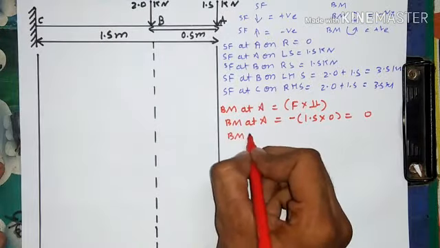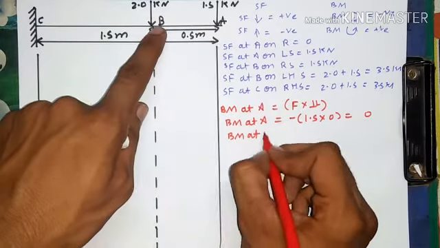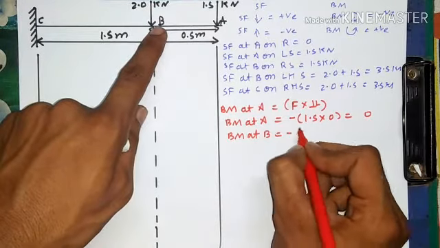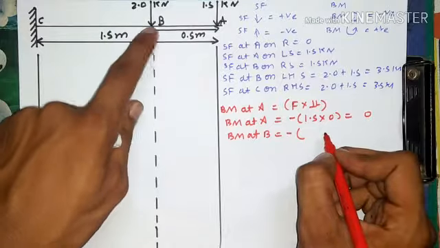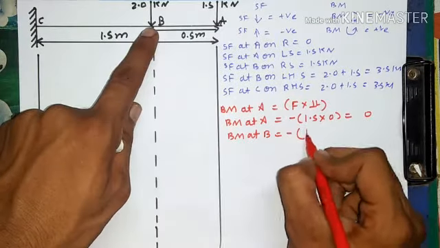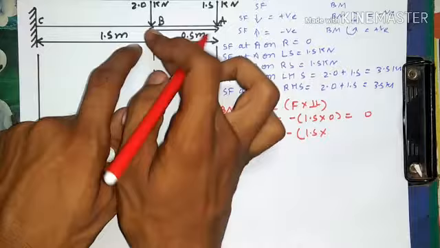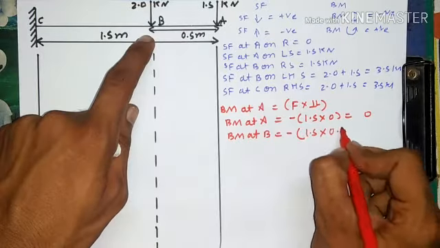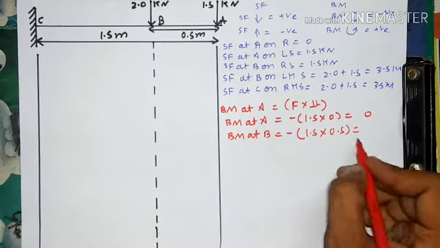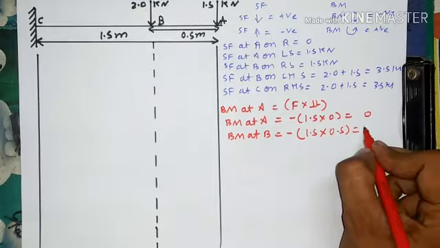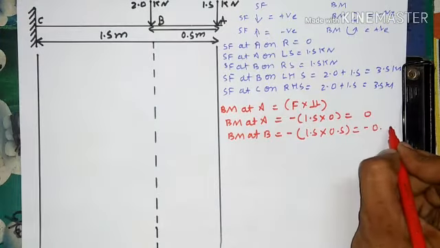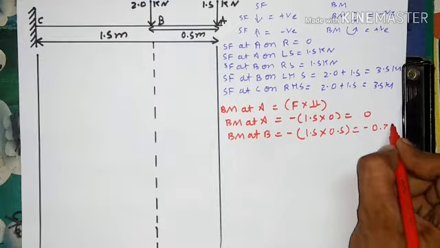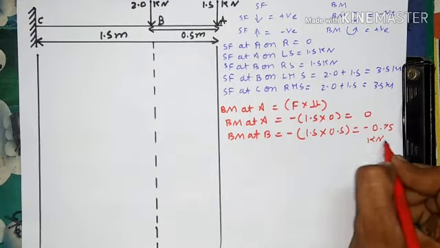Bending moment at point B is negative, the force 1.5 into length 0.5, and this is minus 0.75 kilonewton meter.